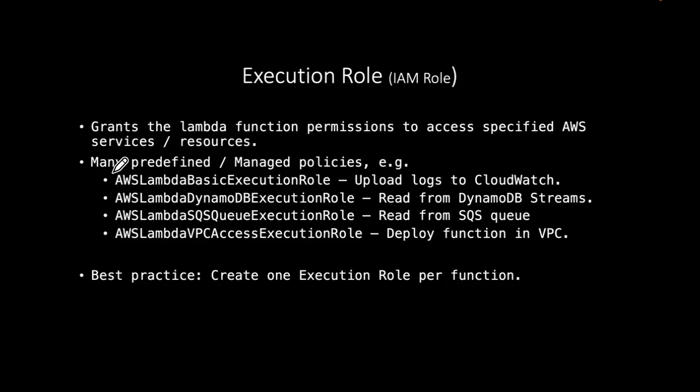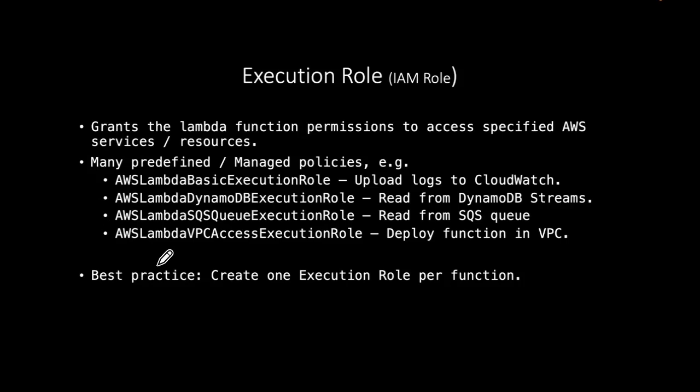There are some predefined IAM policies specifically targeting the Lambda service and Lambda functions, and I'm mentioning some of them here. But of course, you can roll your own IAM policy. The best practice is that every Lambda in your application has its own execution role.